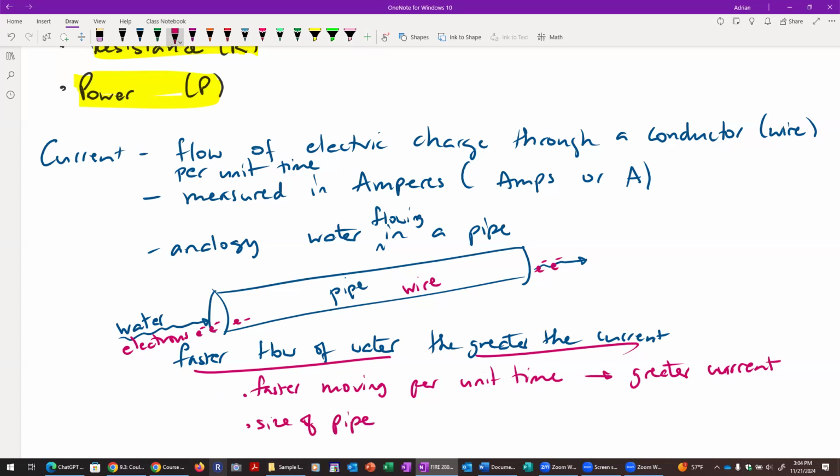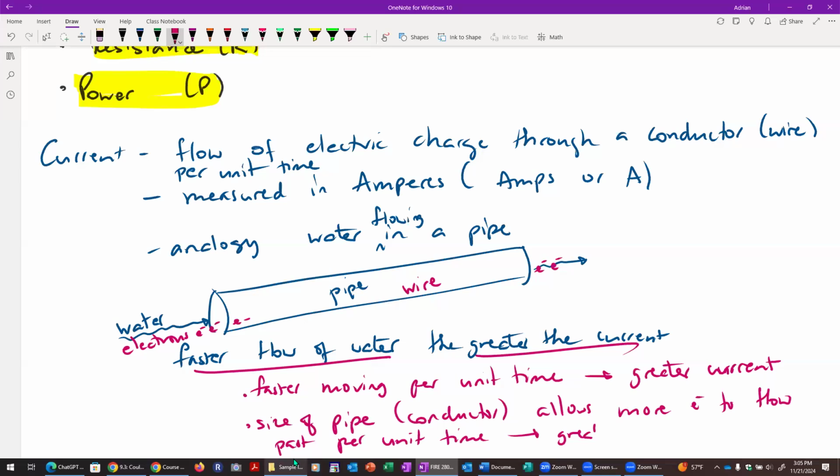If you have a bigger pipe completely filled with water, more water can go through. A larger conductor can allow more electrons to go through compared to a smaller one. This would allow more electrons to flow past per unit time, hence the greater the current.